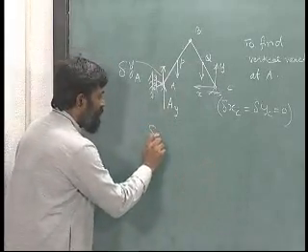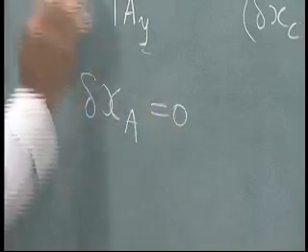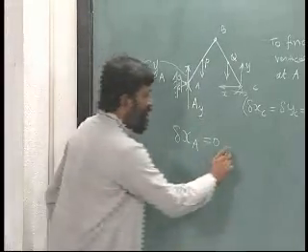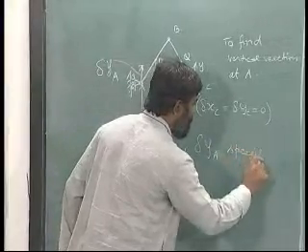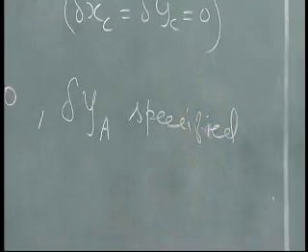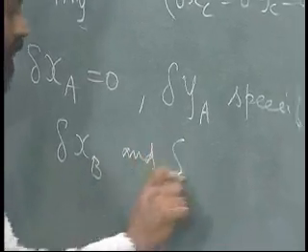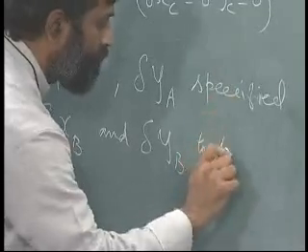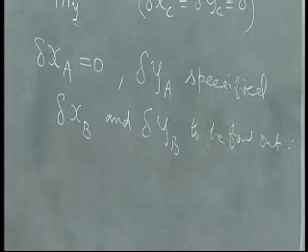What is the virtual displacement of A along the x direction? It is equal to 0. Why? Because it is not allowed to move in that direction. Okay. This is already known, delta ya is specified, delta xb and delta yb to be found out. Okay. This is the problem.